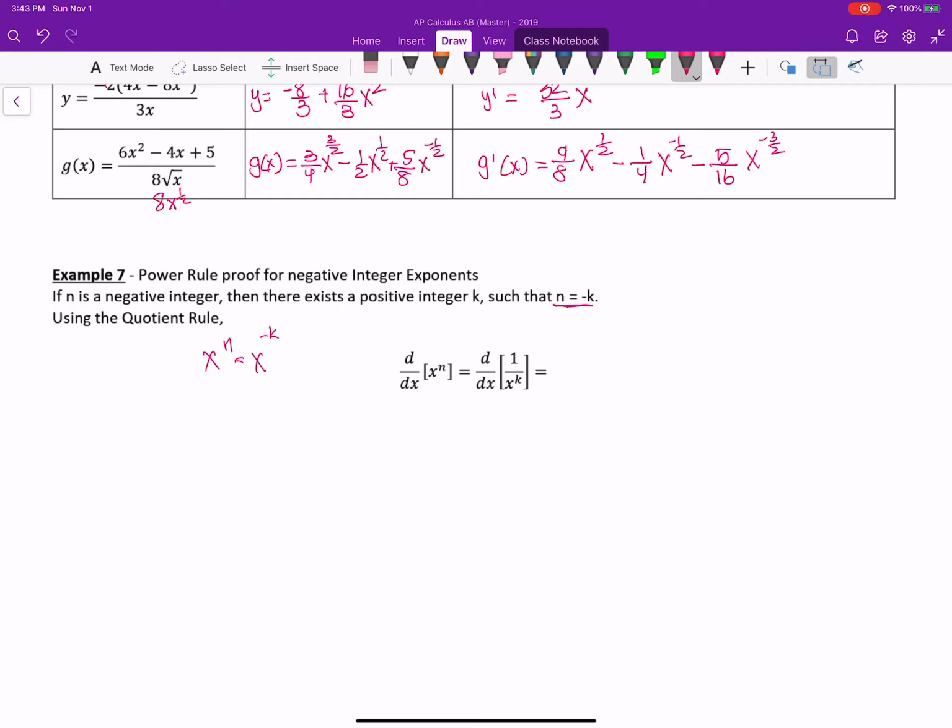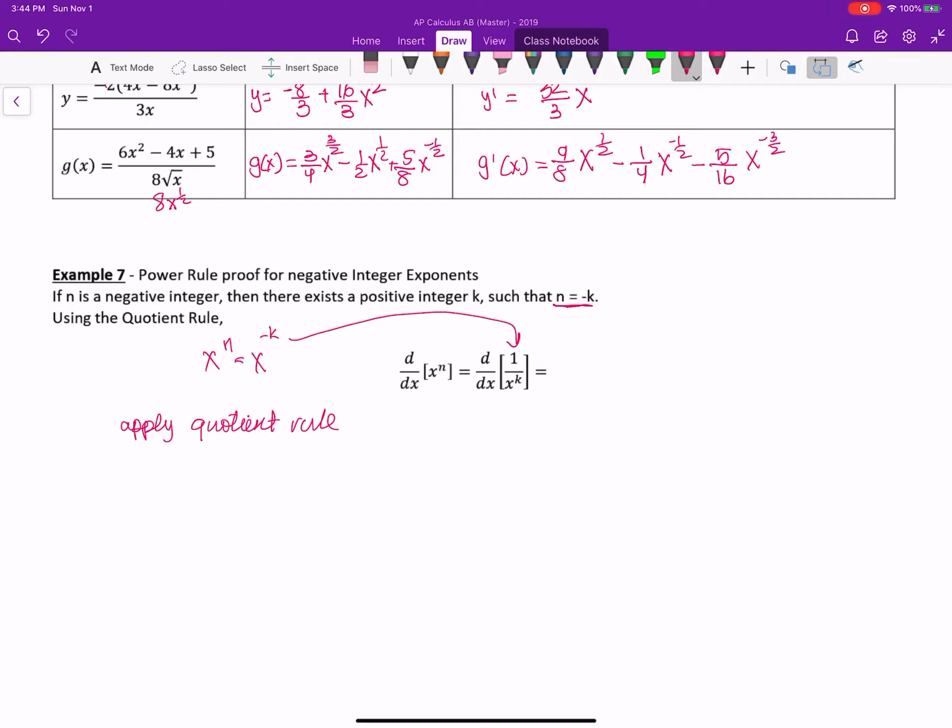Then I hope you will agree that you could rewrite x to the negative k as 1 over x to the k. And then you're going to apply the quotient rule, just to explain what we're doing.